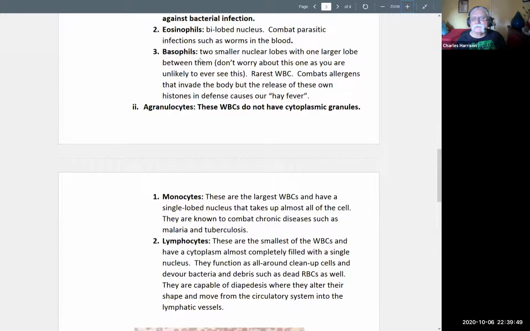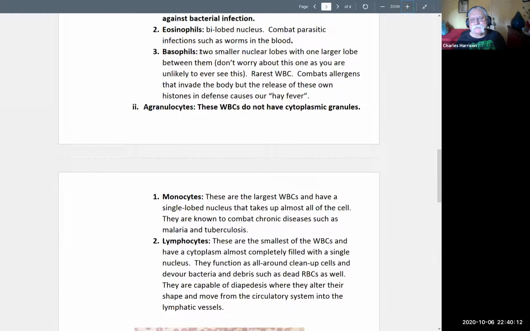The basophil has 2 small lobes at the end and a larger one in the center. I don't have a picture of it. You can look on the internet yourself, you'll find some offerings, but none of them are convincing.